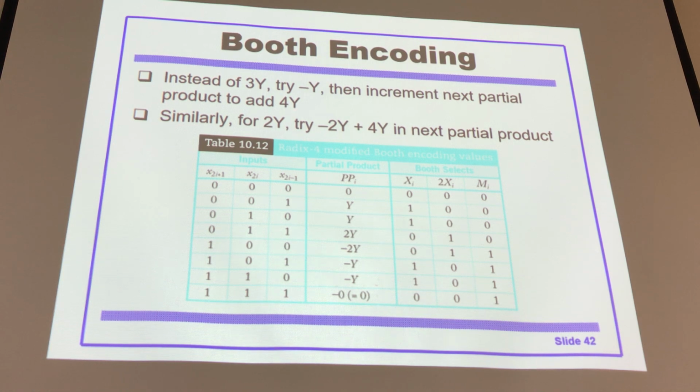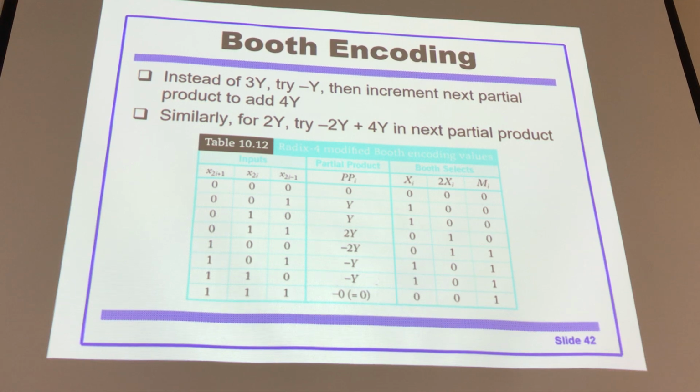So in the next step, you have to add them back. Okay? Although 2y is also easy, here we are using minus 2y. And then again, you owe 4y. You have to add 4y back. But the 4y is in the next partial product.